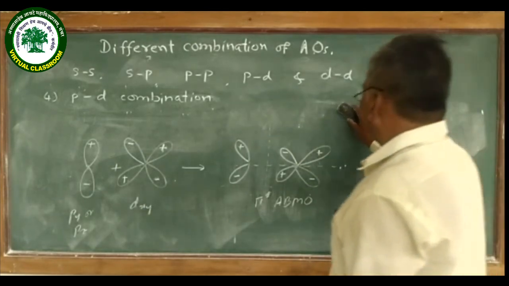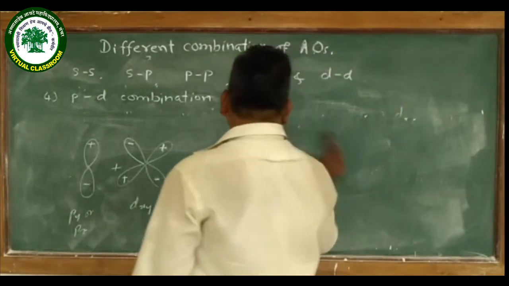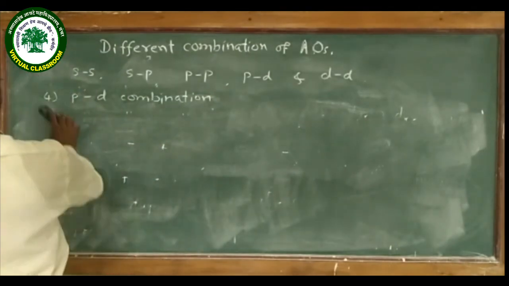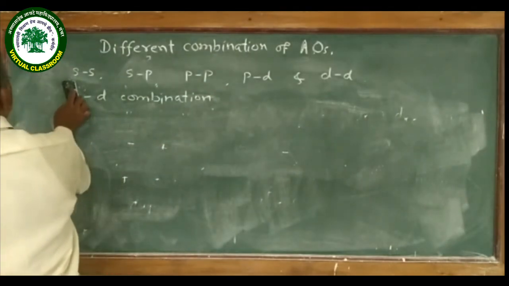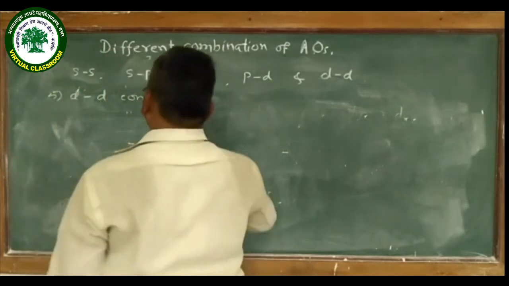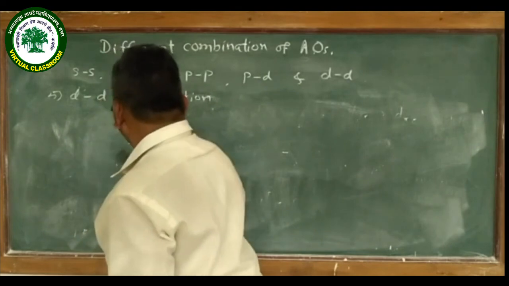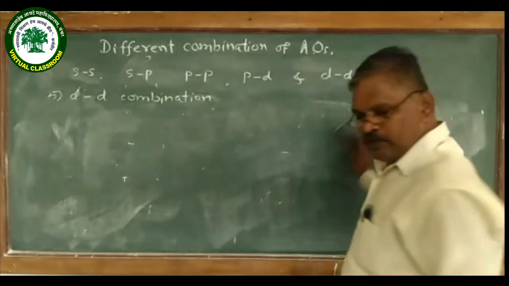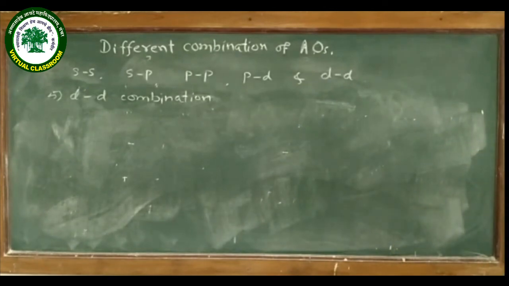And lastly, we have DD combination. That means the d orbital of one atom will overlap with d orbital of another atom. This DD combination leads to the formation of delta molecular orbital.